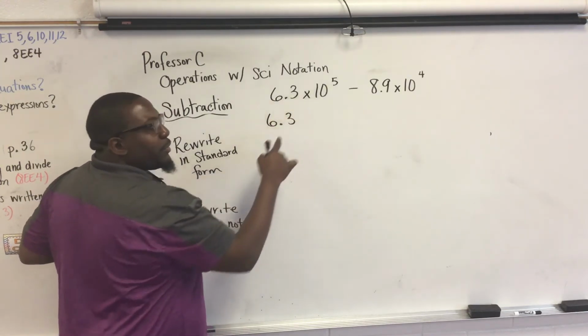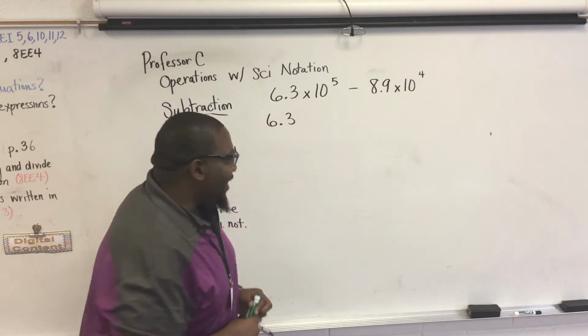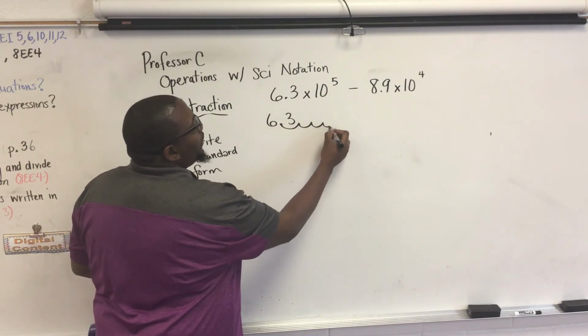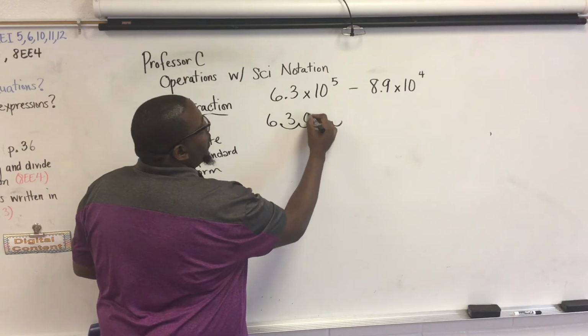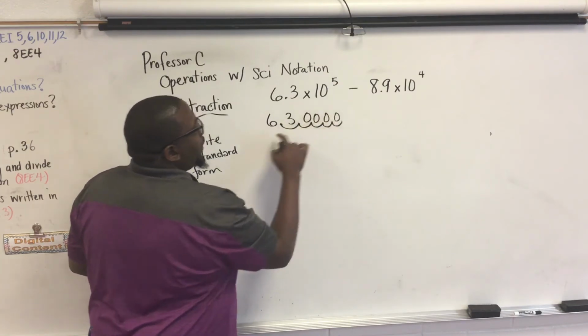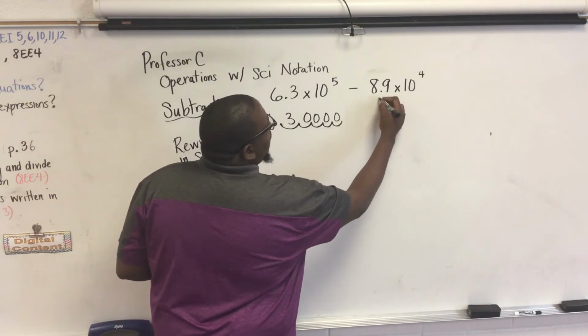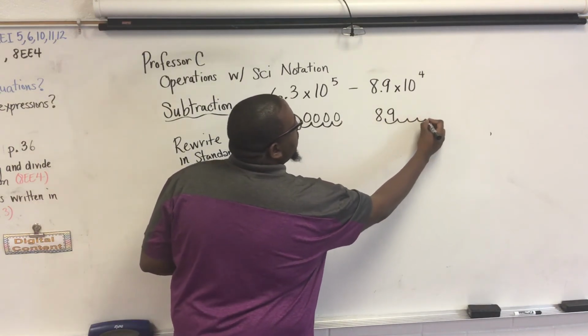This 5 tells me to move how many places? 5 places. So let's count. 1, 2, 3, 4, 5. And again, in those empty places, I want to put my placeholders. And this number, 8.9, I want to move it 4 places.